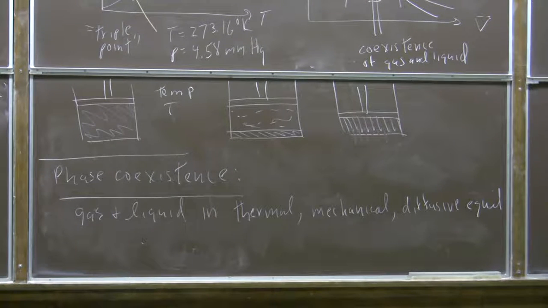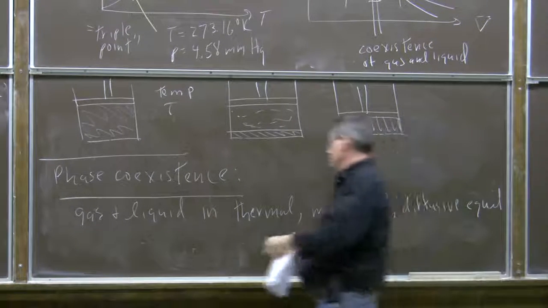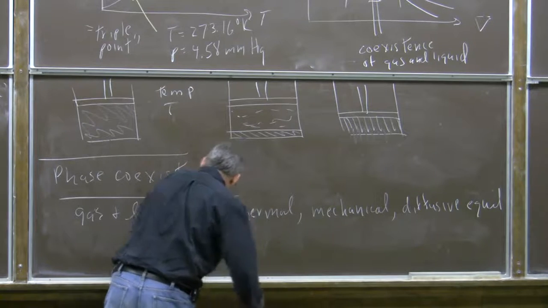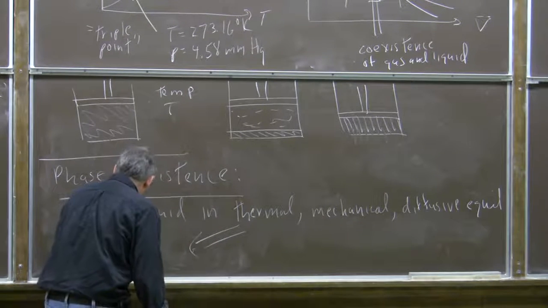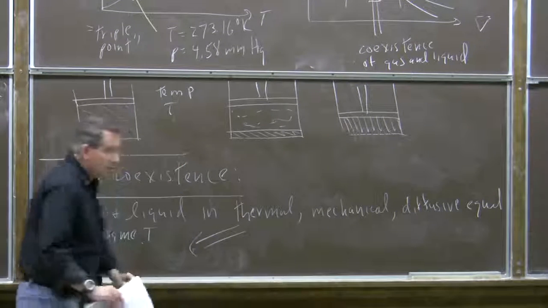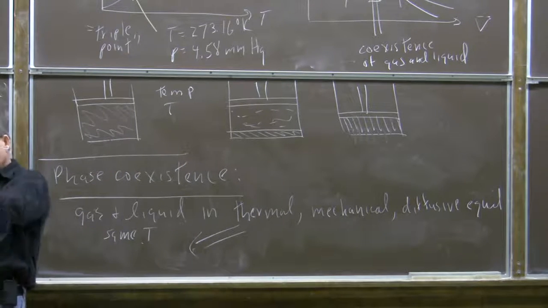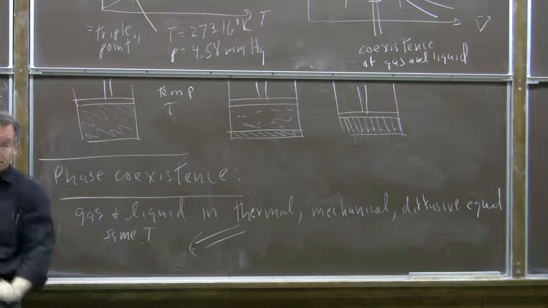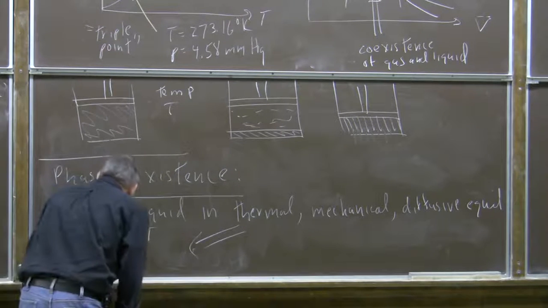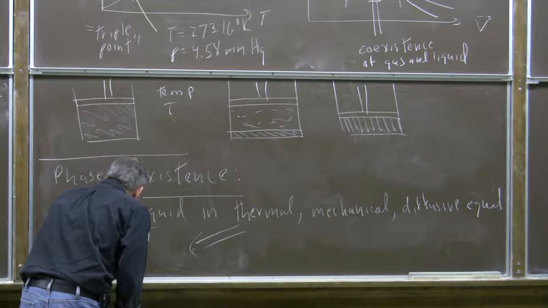The gas and the liquid are at the same temperature, if not, there would be heat flow from the hotter phase to the lower phase. Okay, so in equilibrium, they have the same temperature. So no heat flow because they're at the same temperature.